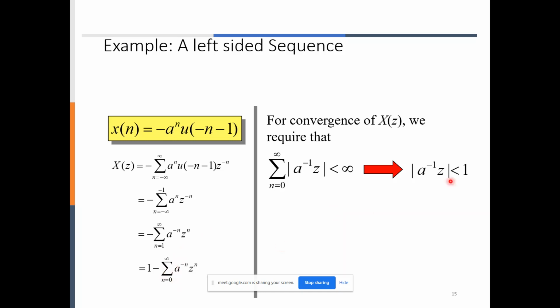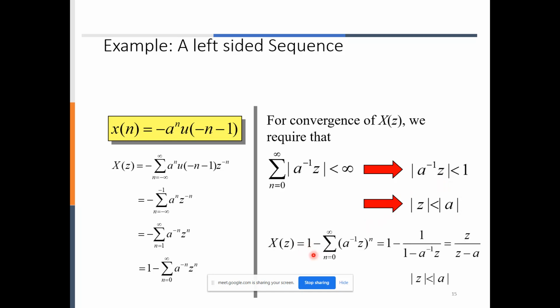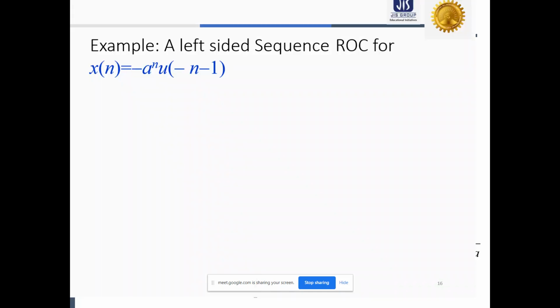So if this term is less than infinity, this is the ROC case: a inverse z less than 1, or mod z less than mod a. And X(z) will be simply, this is the expression. So 1 minus the summation can be written as 1 minus 1 by 1 minus this term. Then if we simplify this, we get z by z minus a, where mod of z is less than mod of a.